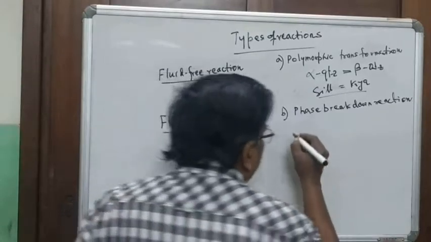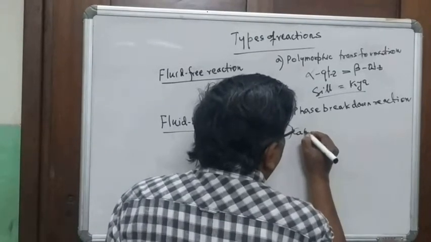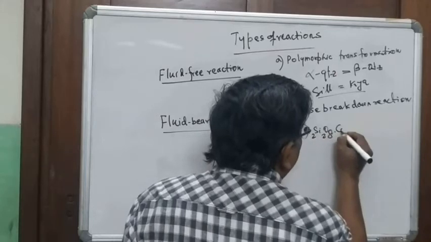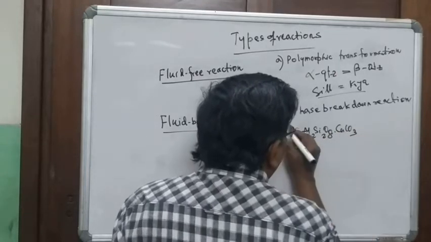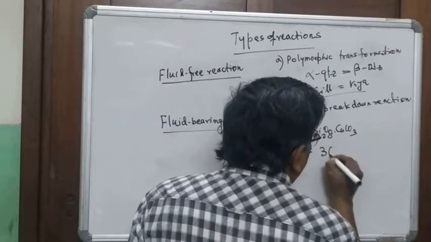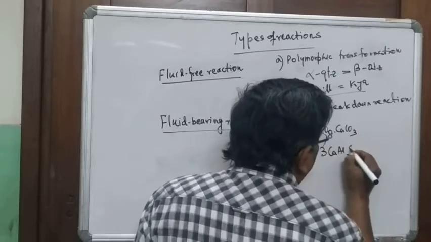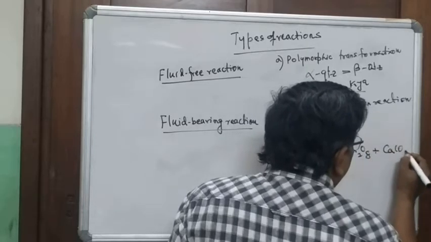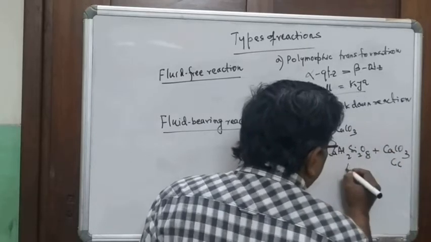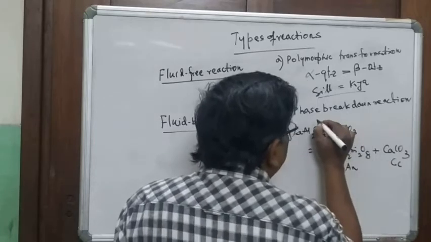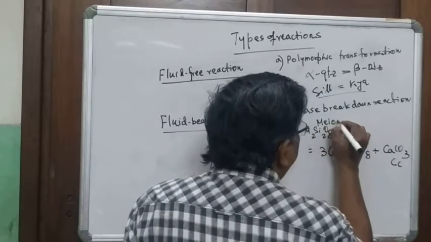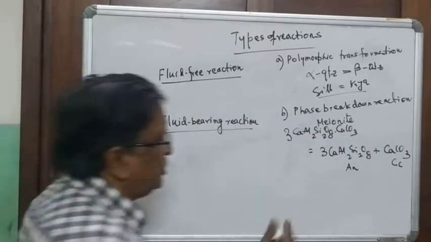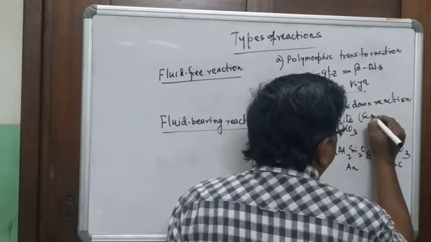Say, for example, CaAl2Si2O8·CaCO3 is equal to 3CaAl2Si2O8 plus CaCO3. This is calcite, this is anorthite, and this is a mineral called meionite. It belongs to a group of minerals called scapolite.